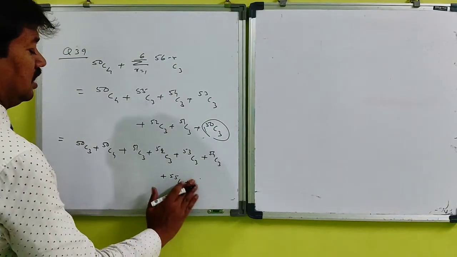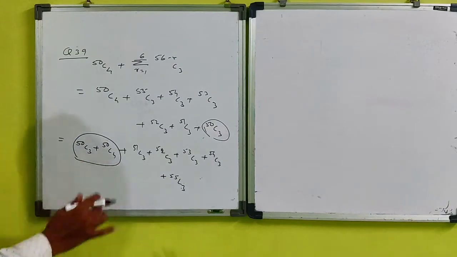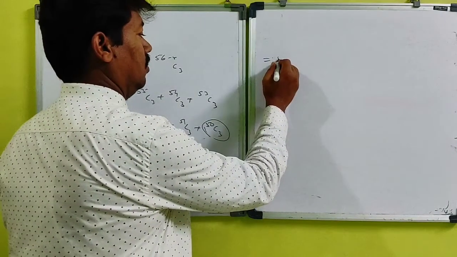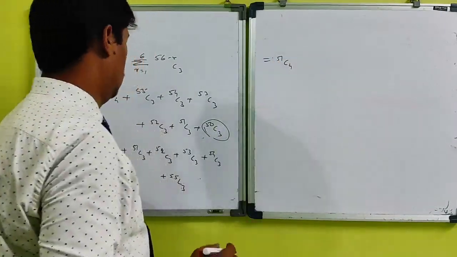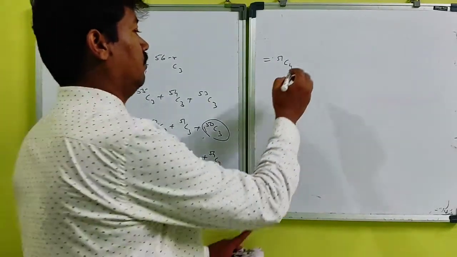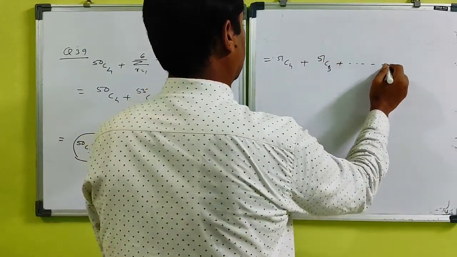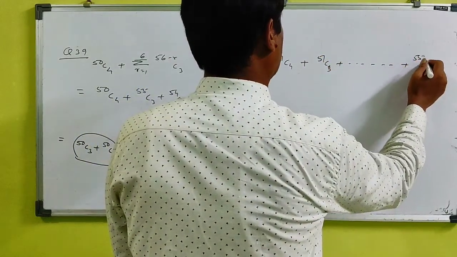Sorry, 55 is the last one. So what is the addition of this? It is 51C4. When 51C4 is added to 51C3, that becomes 52C4, and the rest stays as it is, up to 55C3.